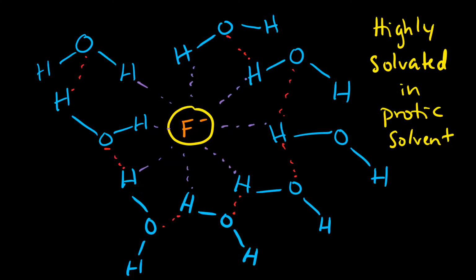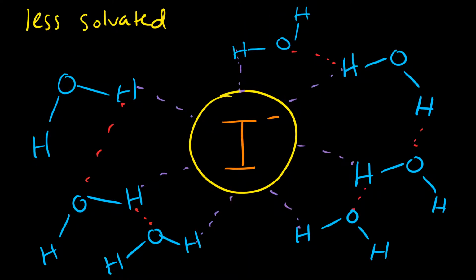And the reason for that has to do with the size and how well the ion is solvated. So if you're in protic solvent, something like fluoride ion, which is very small, is going to be highly solvated, and so it's not going to be able to act very well as a nucleophile. However, the much larger iodide ion is going to be less solvated, and so it will be better able to act as a nucleophile.